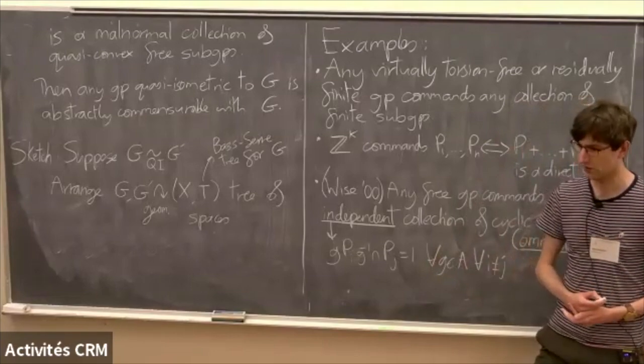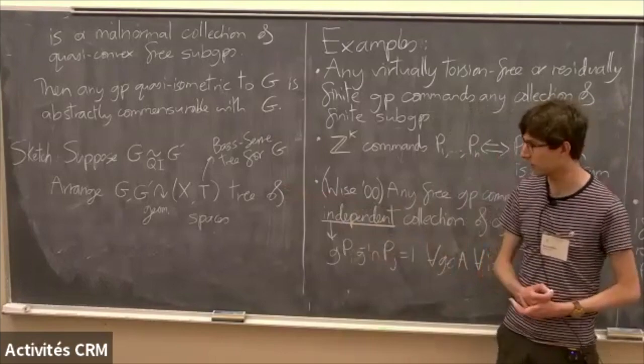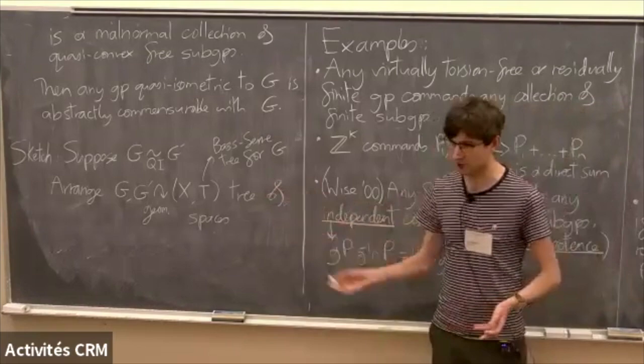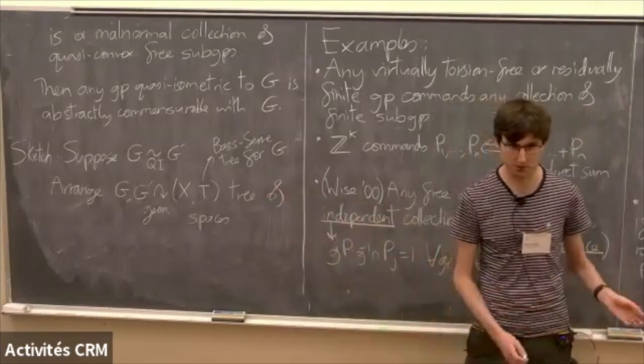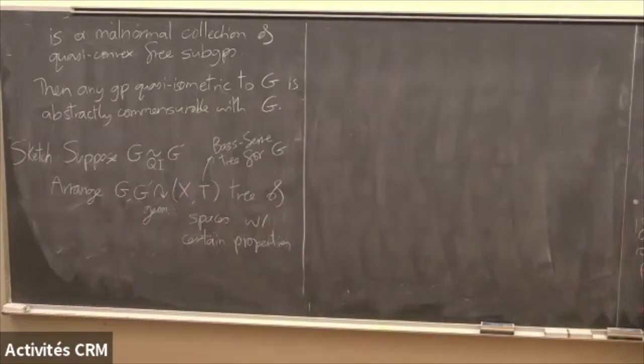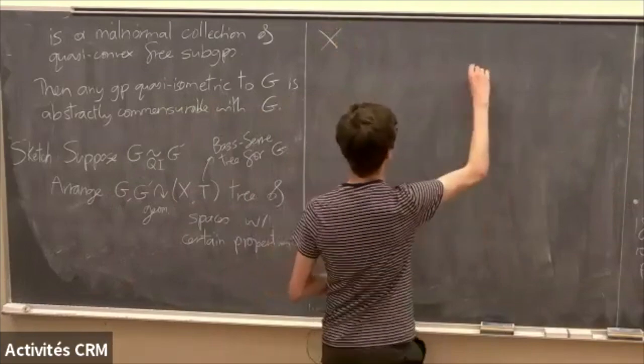Okay, so let's suppose we have this action on the common tree of spaces. And this X will have certain properties that will come up a bit later in the sketch. Okay, so let's draw some pictures, or cartoon pictures at least.